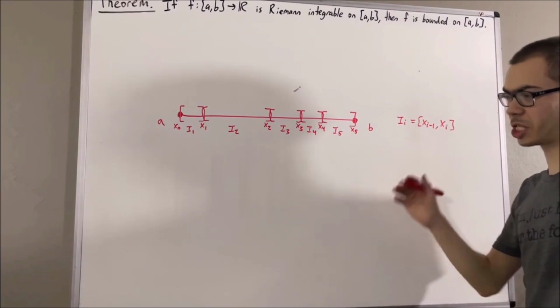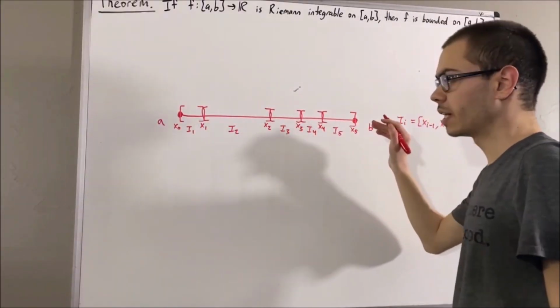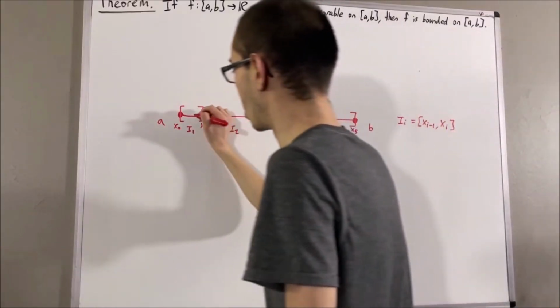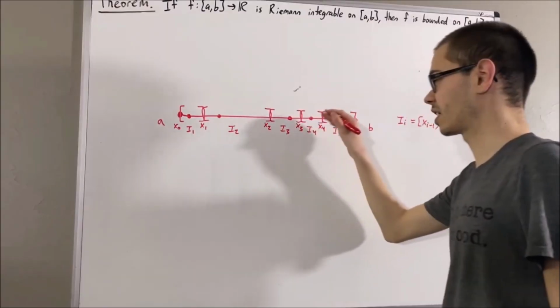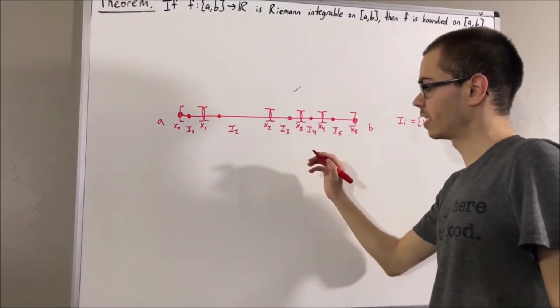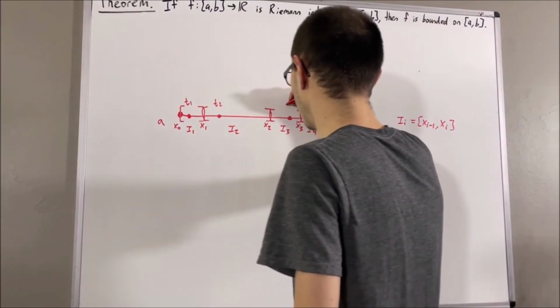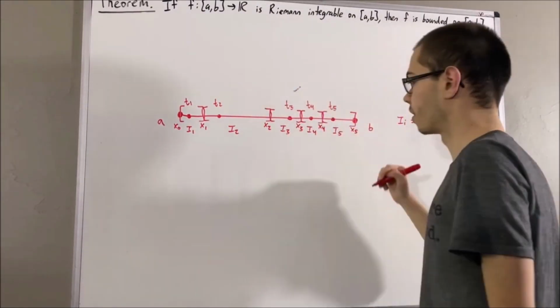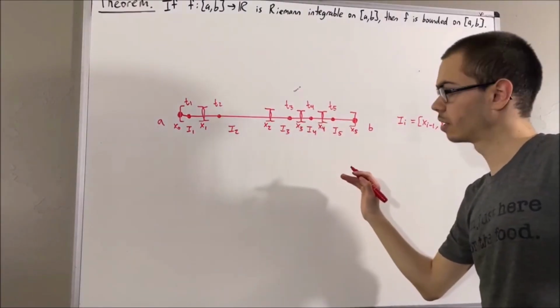Now a tagged partition is when we select a point from each subinterval. And let's say that the points we select are these. The points that we select are what we call tags, and we might label the tags t1, t2, and so on. So this would be a tagged partition of [a, b].